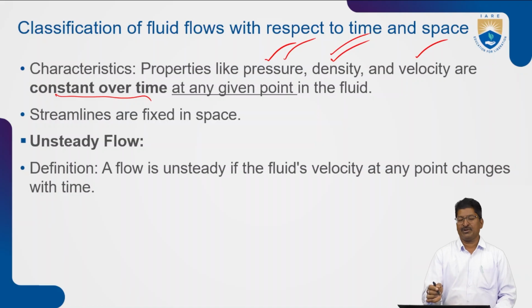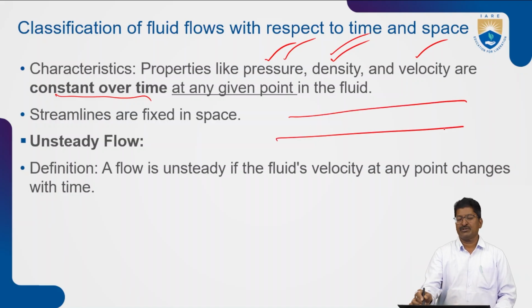So same pressure, same density, same velocity over a time, at any given particular point. So if you take, suppose, this point, any point of time, morning 5 o'clock or 6 o'clock, evening 5 o'clock, like that. So for a given period of time, if it is constant, that means pressure is constant. Okay.